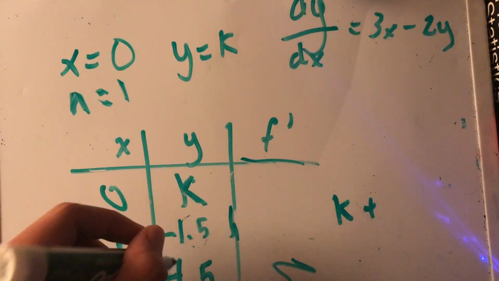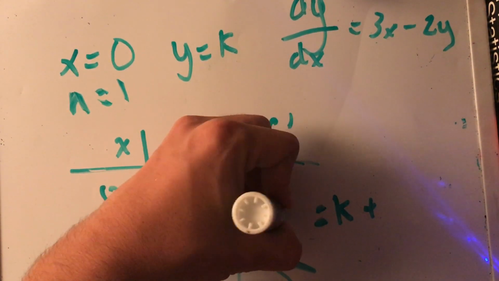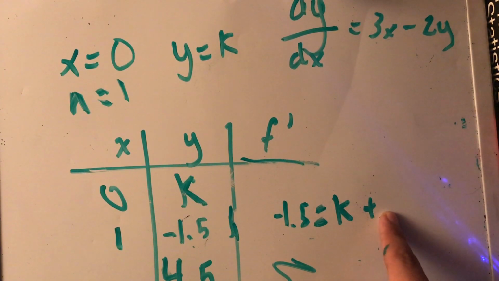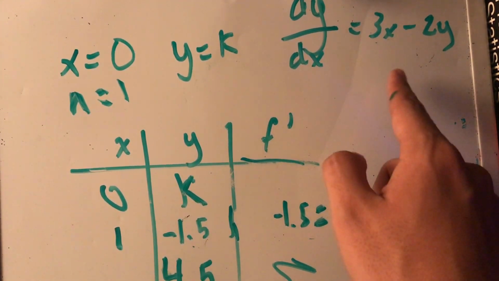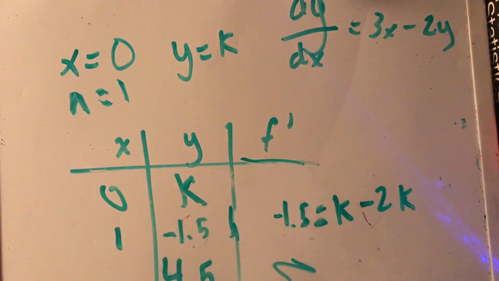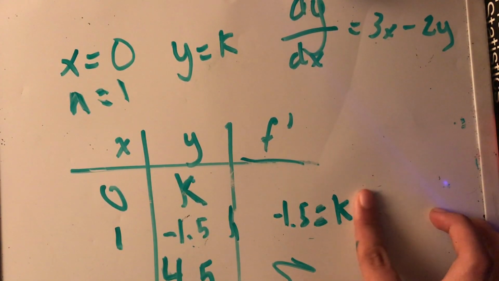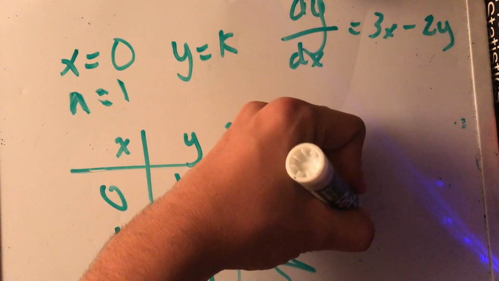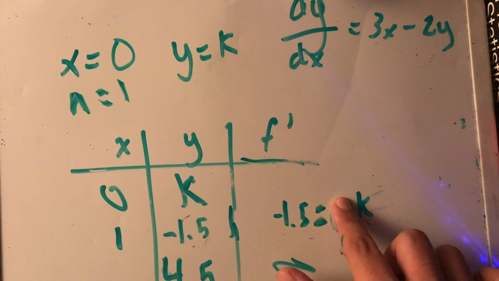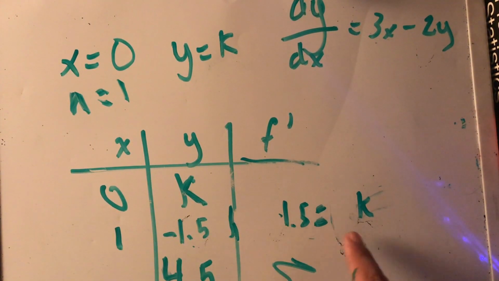Our new value is negative 1.5. So we know that negative 1.5 is equal to k plus negative 2k, because y is equal to k here. So k minus 2k is equal to negative 1.5. Okay, if we simplify that, k minus 2k is negative k. Negative k equals negative 1.5, so that means if we take the negatives away, k is equal to 1.5.